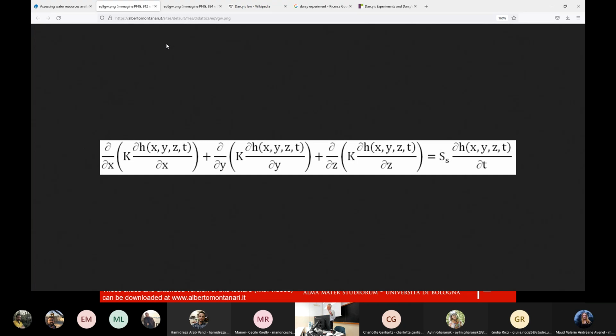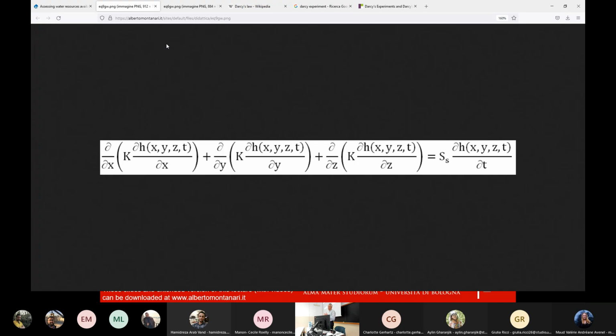But in any case, my reply to your question is, you are right. This K should change in the three directions. In this case, there is an assumption that has been introduced in my web pages to simplify the notation. In principle, K may also change in time because there might be other influences that change the permeability in time.